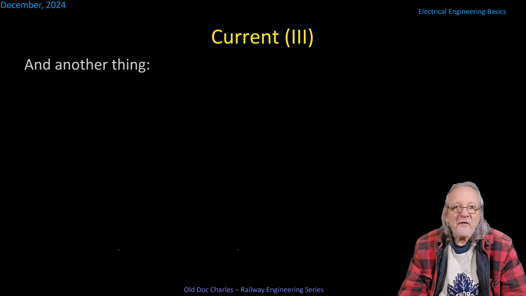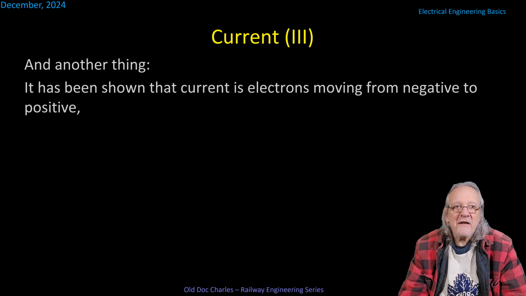Another thing about current is that it's now known that current is actually electrons that flow from negative to positive.